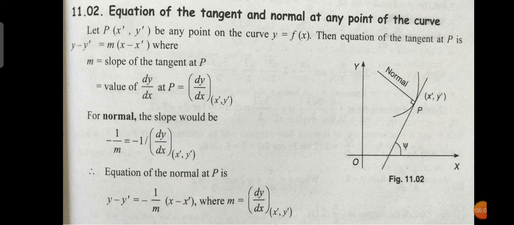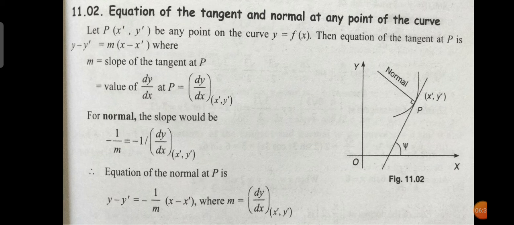Here m is the slope of the tangent at P, so the value of dy by dx at P is dy by dx at x dash, y dash. So you have to first find dy by dx at x dash, y dash, that is the slope of the tangent.